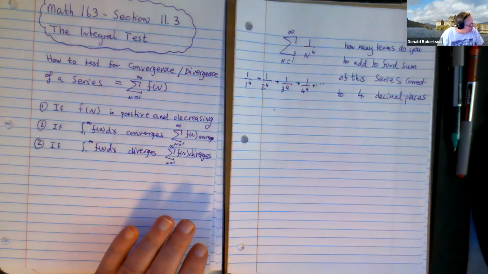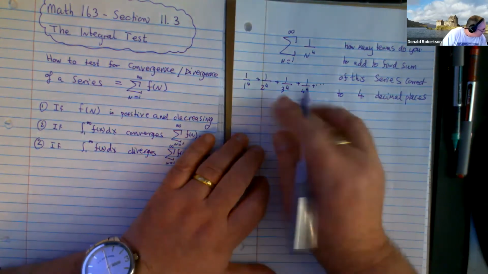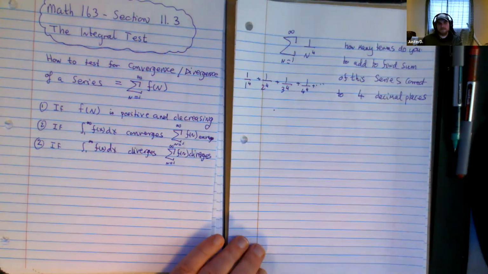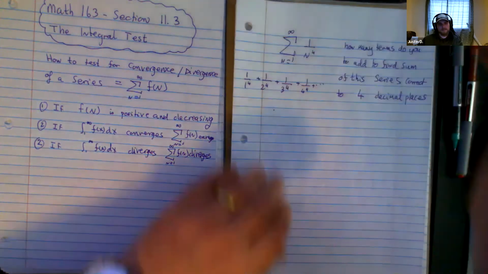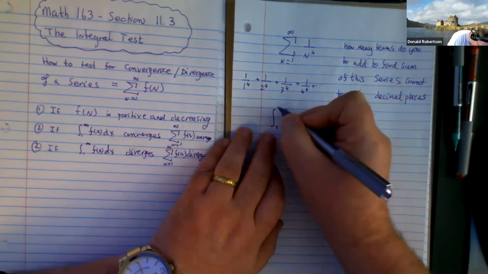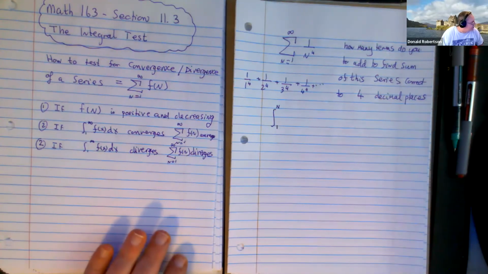got my little proof here. The integral from 1 to n, I just want to make sure I'm getting this right, because it is, yeah, see, I'm glad I checked.